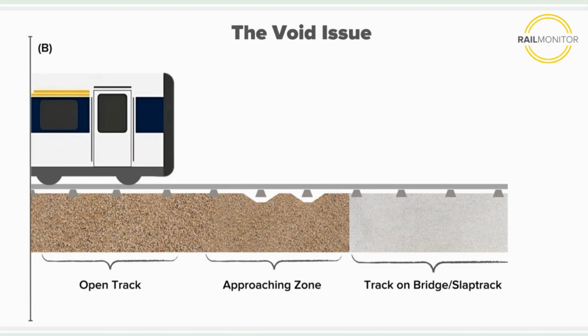This is a localized loss of support between the ballast and the sleeper, the sub-ballast and the subgrade. This is what we see here in the picture. There is some air around the sleepers, and this is typically here in what we call the approaching zone or the transition zone.